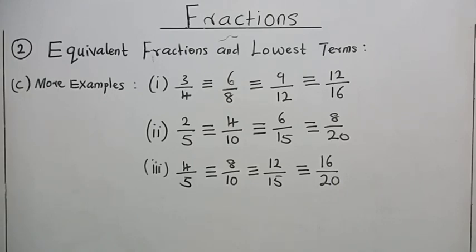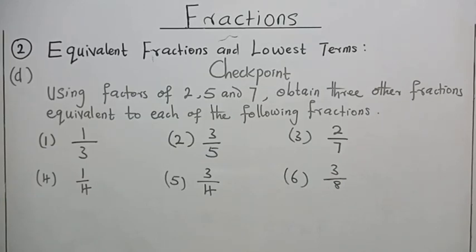Please check out for an exercise. Find out if you can get equivalent fractions from an existing one. And here comes the checkpoint. It says, using factors of 2, 5, and 7, obtain 3 other fractions equivalent to each of the following fractions.